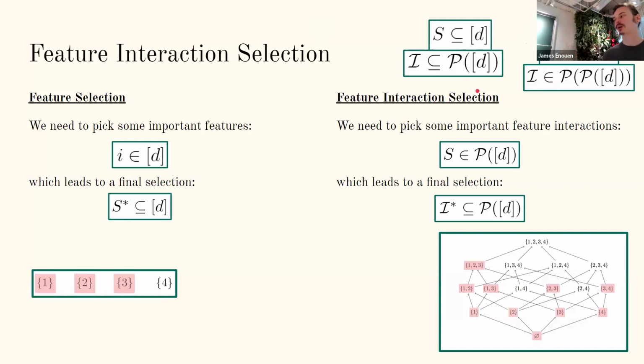Interaction selection, we have our 2 to the 4, and we're picking from those. So this picture hopefully should still remain clear. If we have our 4 different input dimensions, feature selection picks which of those we're going to include, and feature interaction selection is now picking how we can combine those together with our additive model.